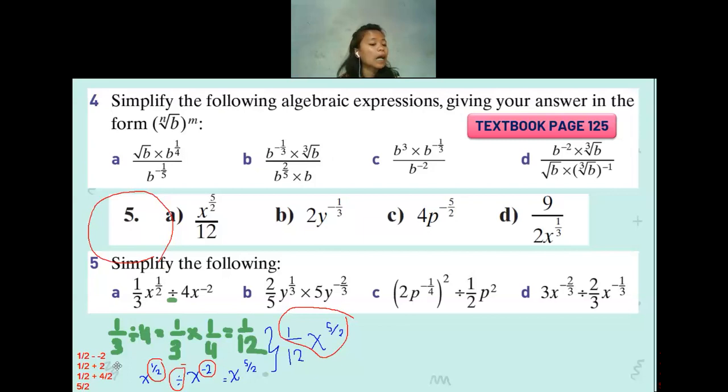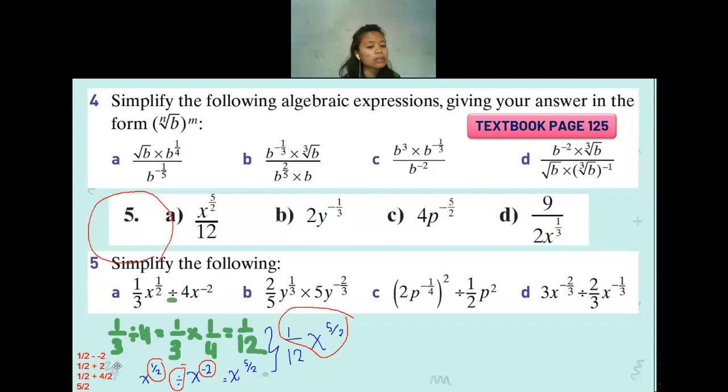So we read it as a half plus 2. It is a fraction, so we have to make the denominators the same. We have to make all the fractions by 2. So 2 will be equal to 4 over 2. 1 plus 4 will be equal to 5. That's why the final answer will be x to the power of 5 over 2.